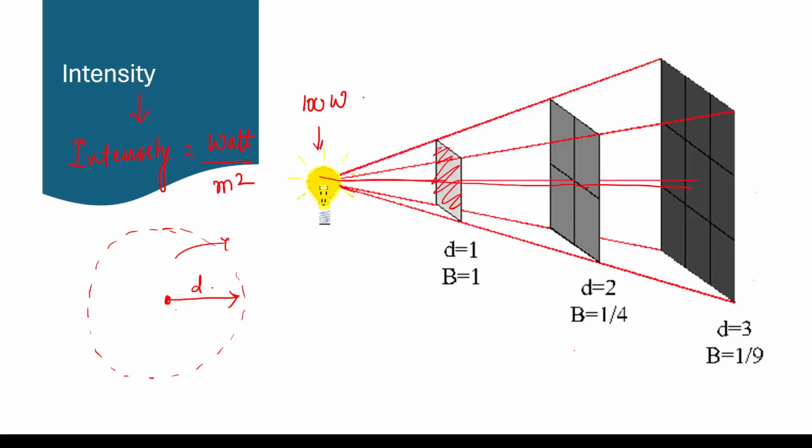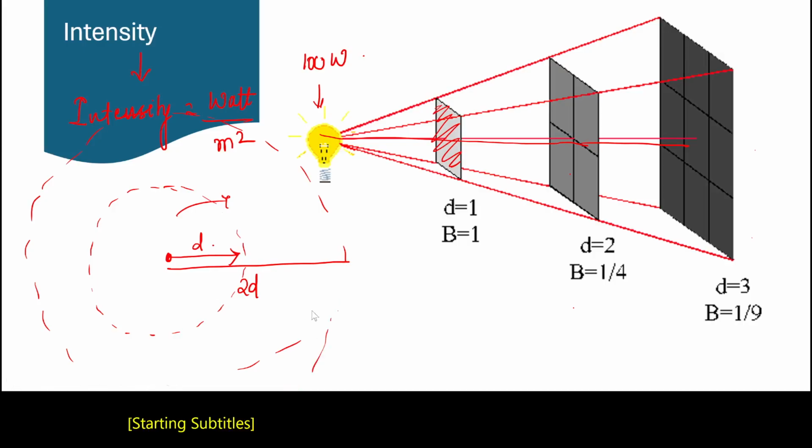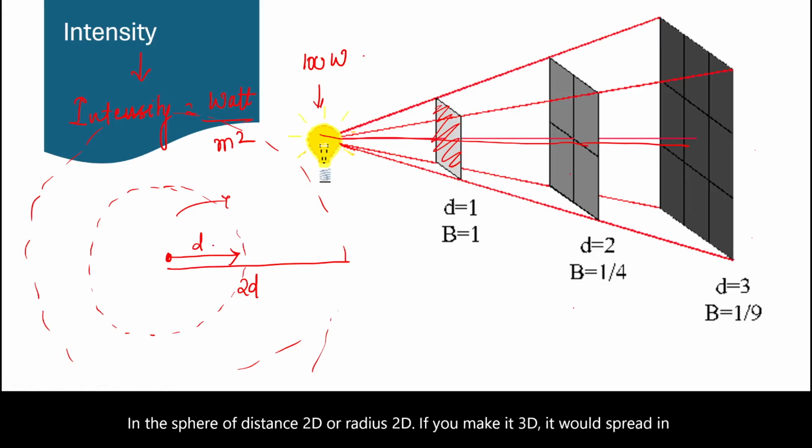If you double the distance to 2d, it is spread over a sphere, not a circle, okay? It's three-dimensional. It's spread over a sphere of radius 2d. If you make it 3d, it would spread over a radius of 3d.